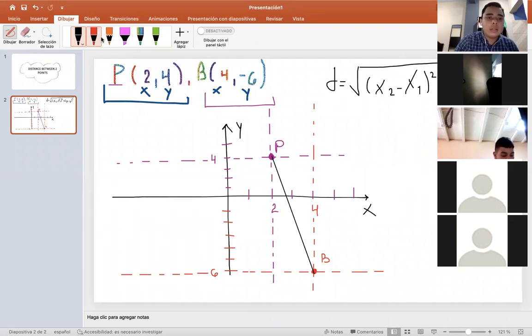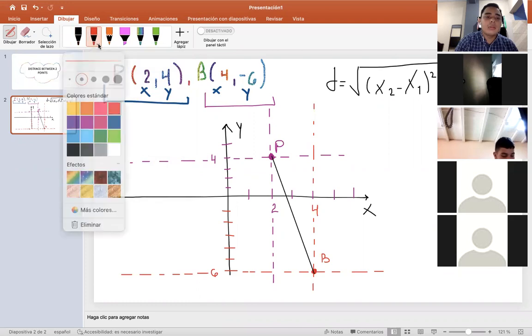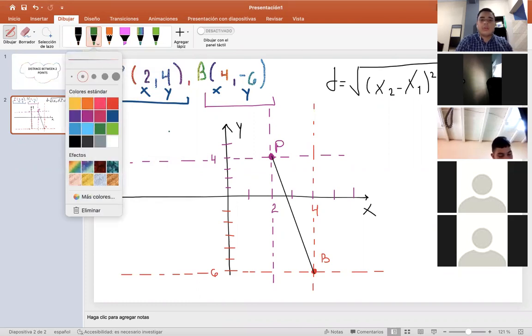So the only thing that we need to do in here is to substitute the values, okay?